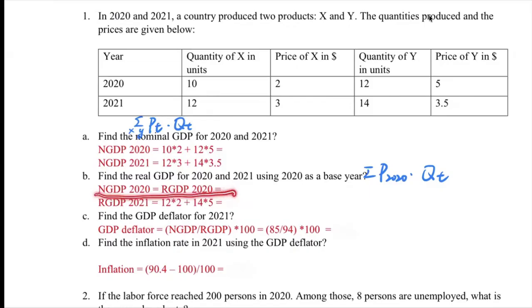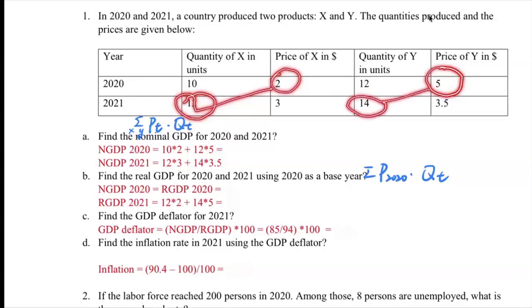Remember, we talked about this last time, because you are using the same quantity and same price in 2020, since this is the base year. But in 2021, you are using 2020's price times 2021's quantity, right? So here is the case. I also left the answers for you, okay?